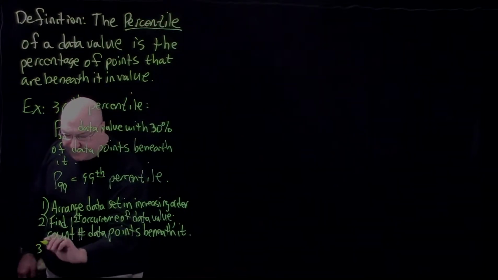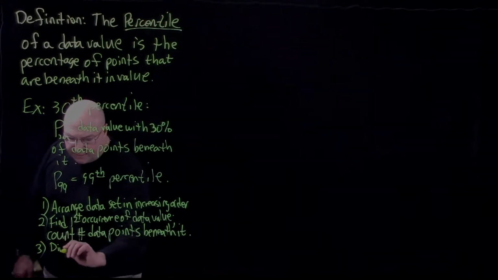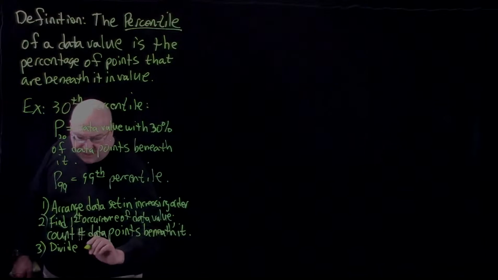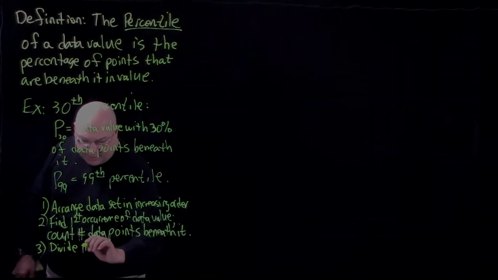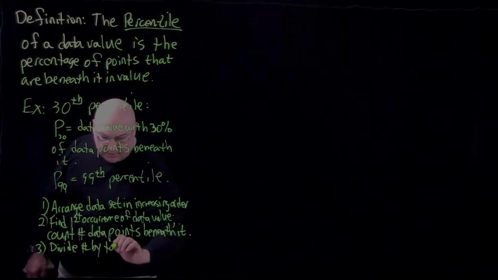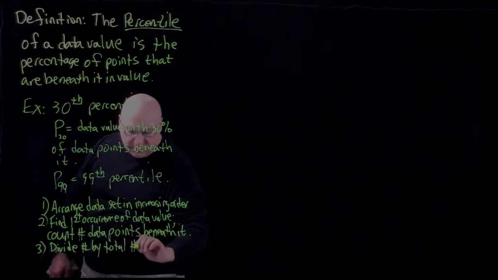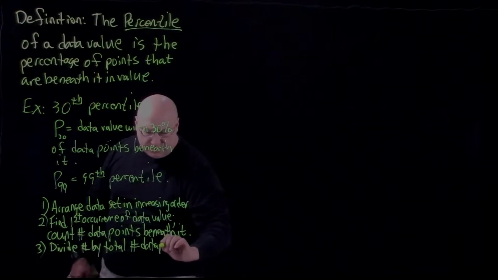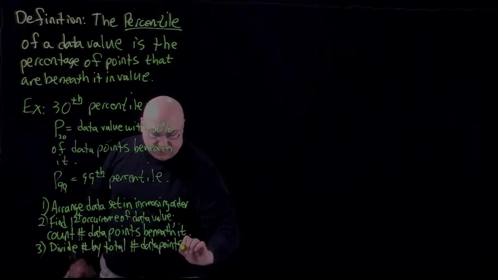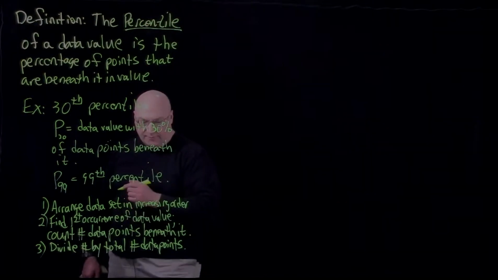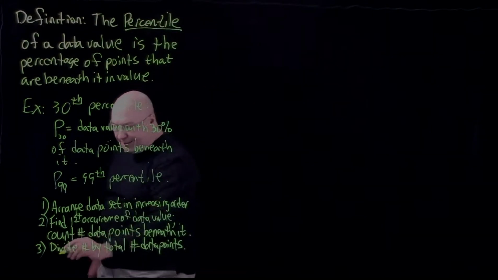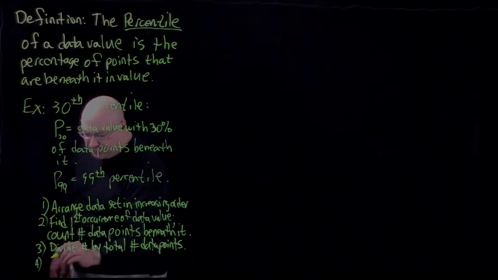Step 3 then is divide this number by the total number of data points. All right, that's going to give you a fraction or decimal number.